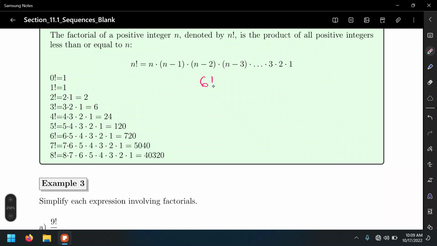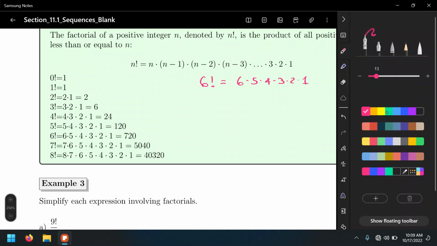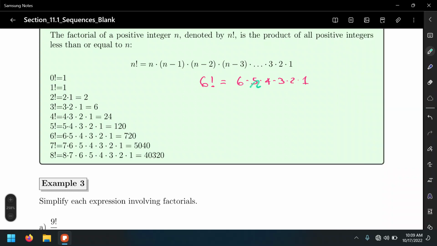6 factorial, well, number 1, you have 6 times 5 times 4 times 3 times 2 times 1. However, do you agree that all this bunch of factors from 5 to 1 is the same as saying 5 factorial?